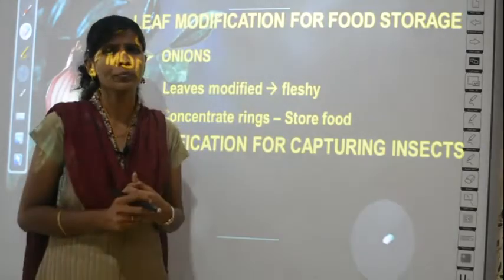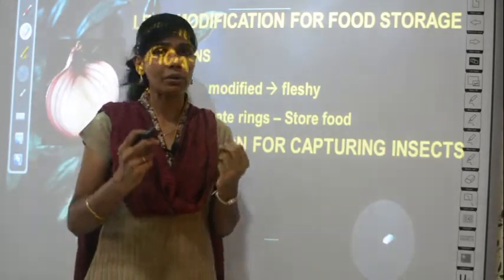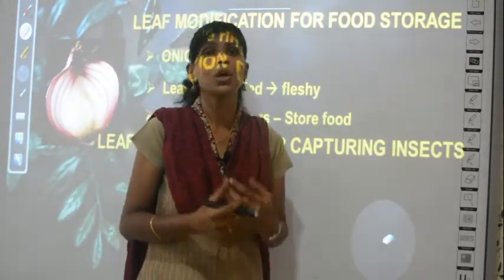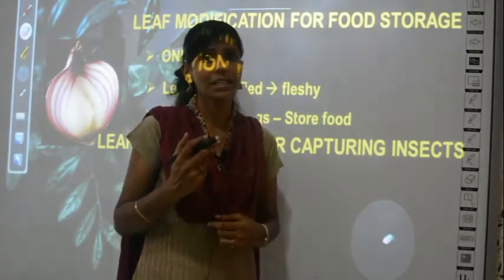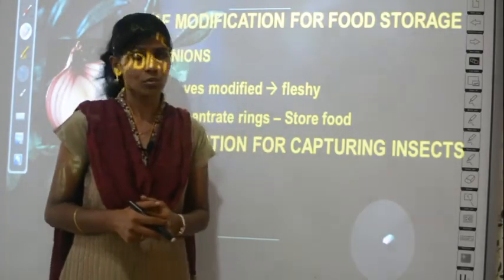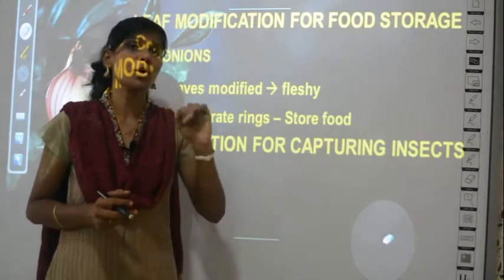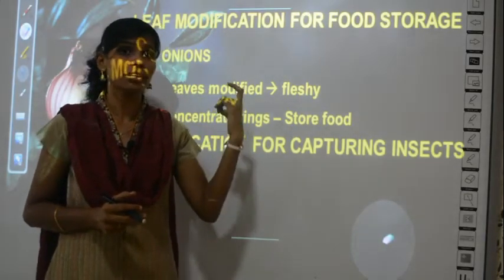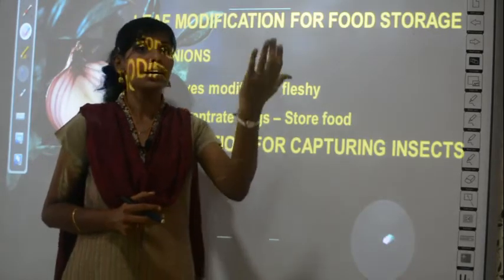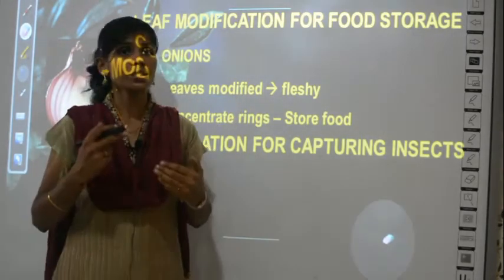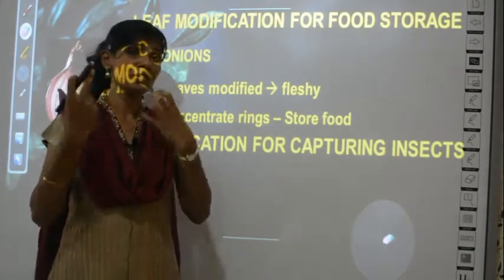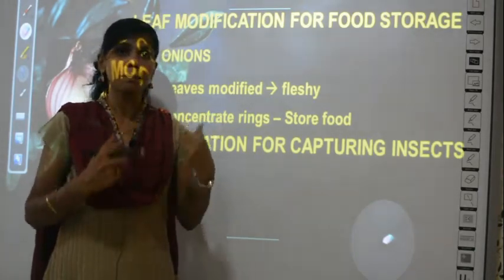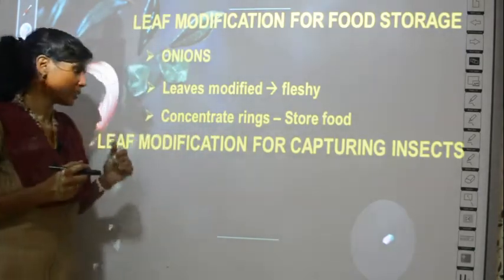What did I tell you? Some plants will be growing in soil where there is no nitrogen at all, but plants need nitrogen. So they will trap or catch the insects nearby, because the shape of the leaf is so special. They can catch the insects and digest them, and from the insects' nitrogen, the plant can take the required nitrogen source.